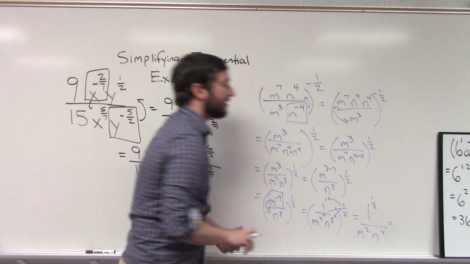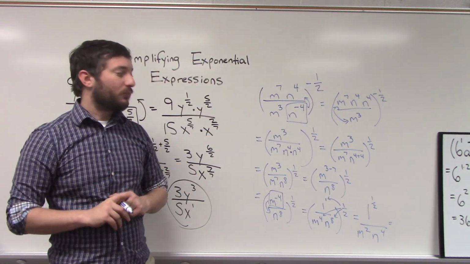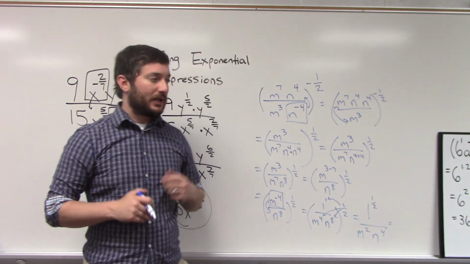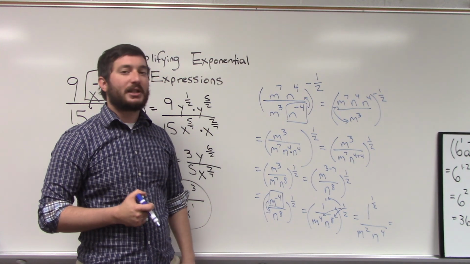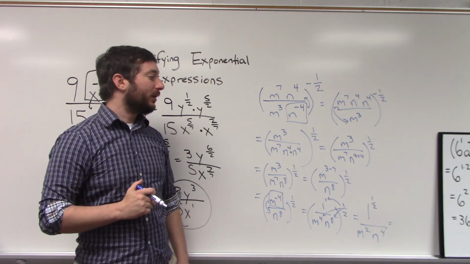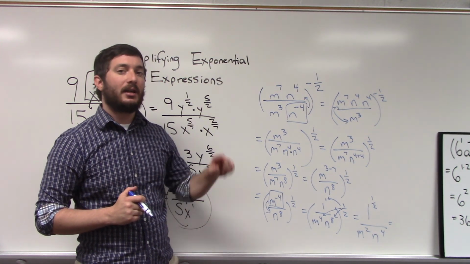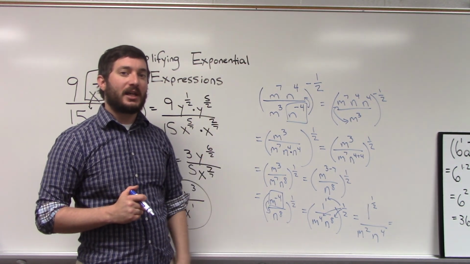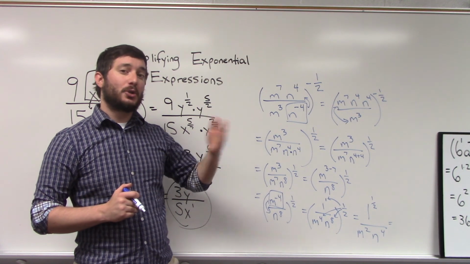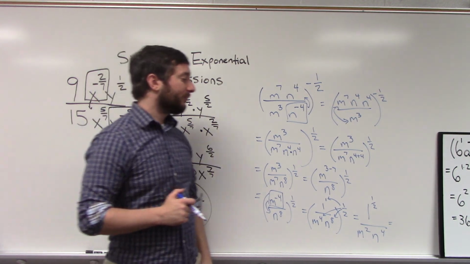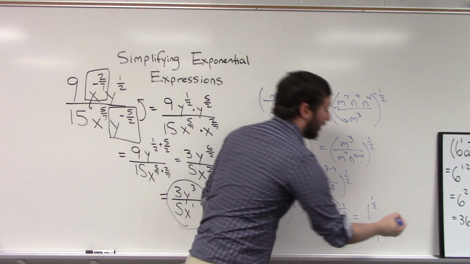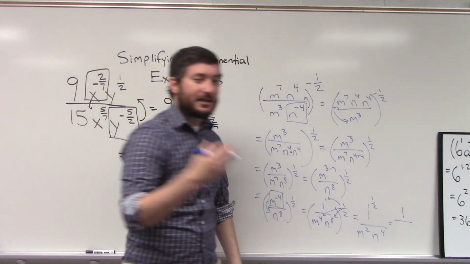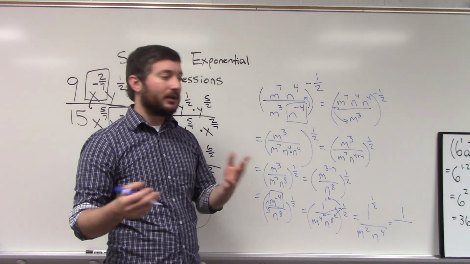Now, we're going to talk about this a little bit more next class. What happens if we end up with an exponent that's a fraction? That's going to be talked about more next class, but what you can know is that 1 to any power, 1 times itself any number of times, is always just 1. 1 times 1 times 1 times 1 is always 1, and to get anything times itself to equal 1, it will have to be 1 times 1.